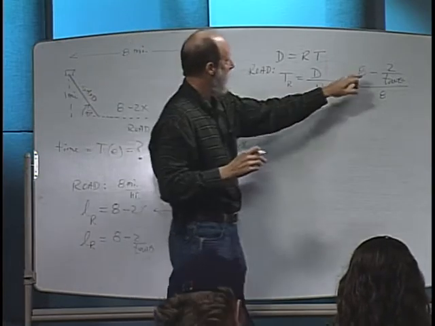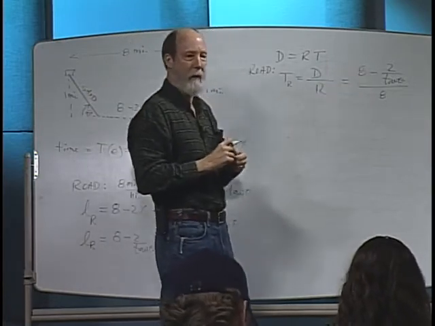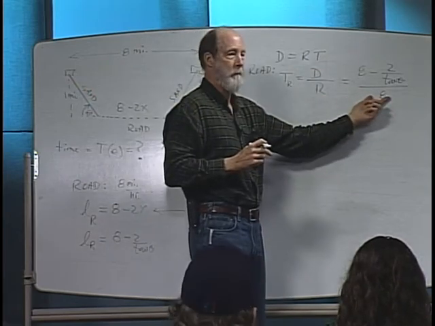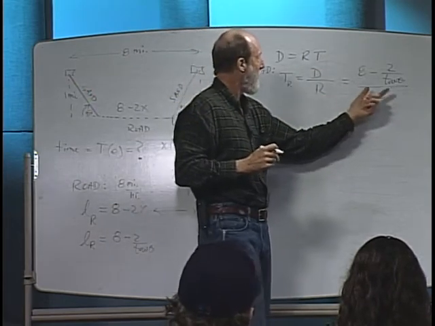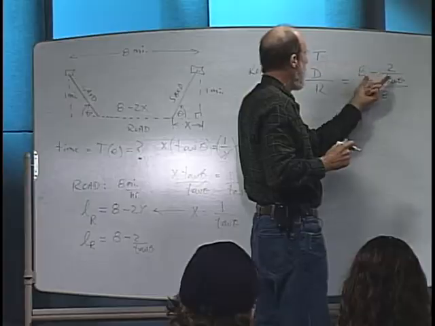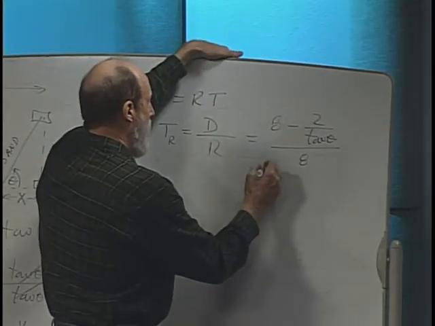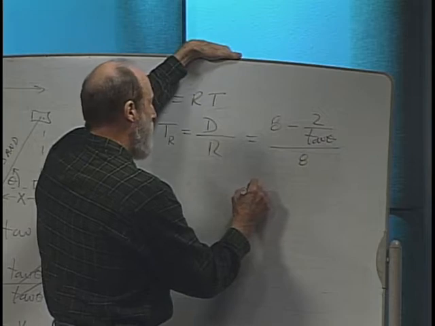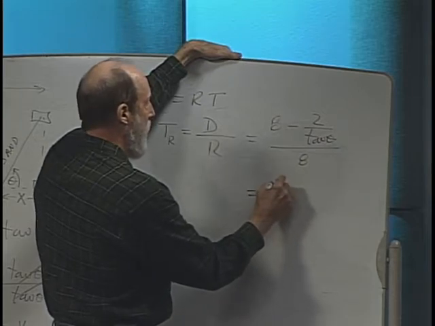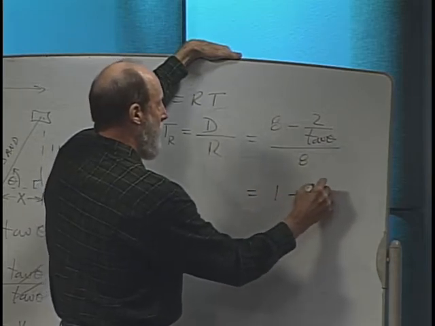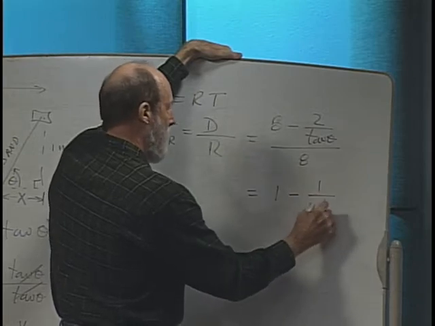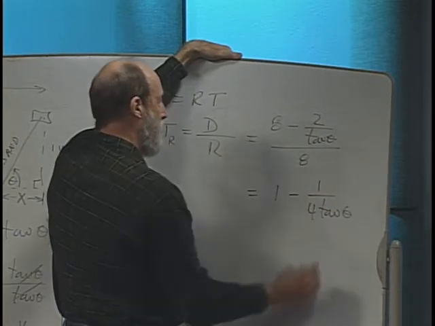Now, we can clean this up a little bit, can't we? Yes. This is a common denominator. And so that's the denominator associated with each of these fractions as well up here. And so what we could do then is simplify that and write it as 1 minus 1 over 4 tangent of theta.